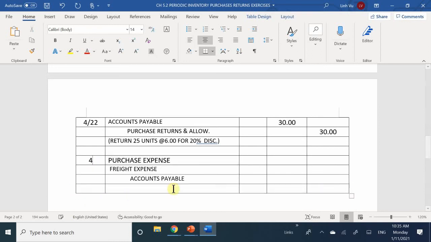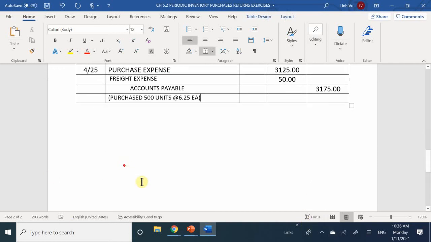For 425, what's my total going to be for my purchases? $3,125. $3,125 plus $50 freight gives you a grand total of $3,175. And the last thing is I'm going to make a note here: purchased 500 units at $6.25. Okay. All right, good job.